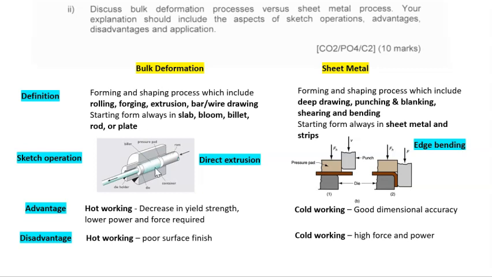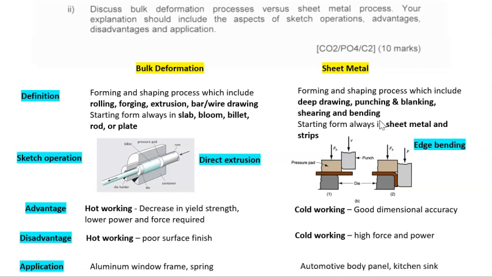Since I showed direct extrusion, I give the example of an aluminum window frame, and I add one more from wire drawing, a spring, because they didn't say how many, so we just secure with two. For sheet metal, you can choose any of these example processes.